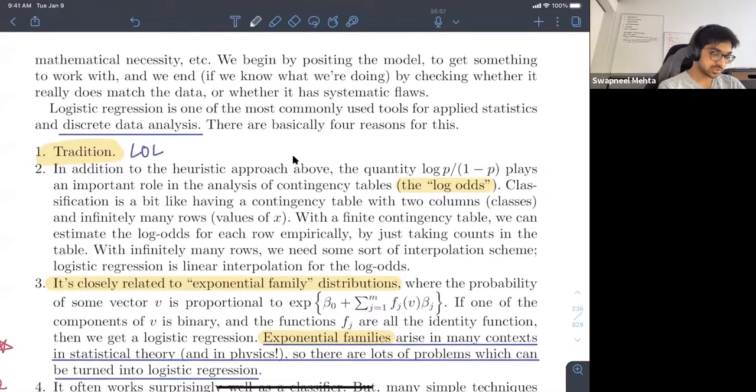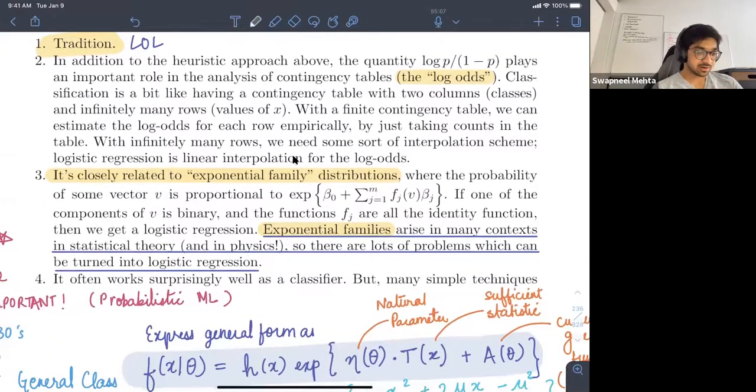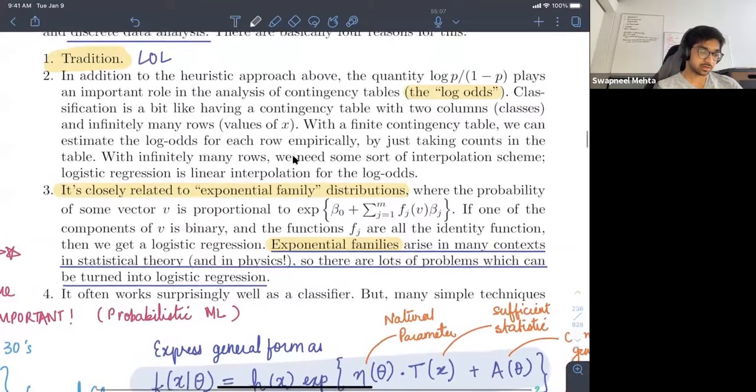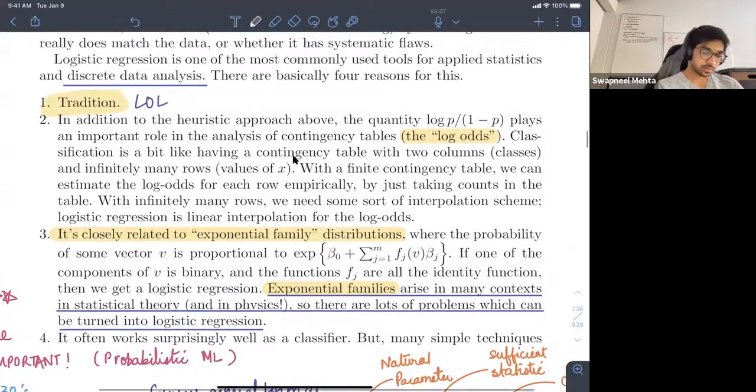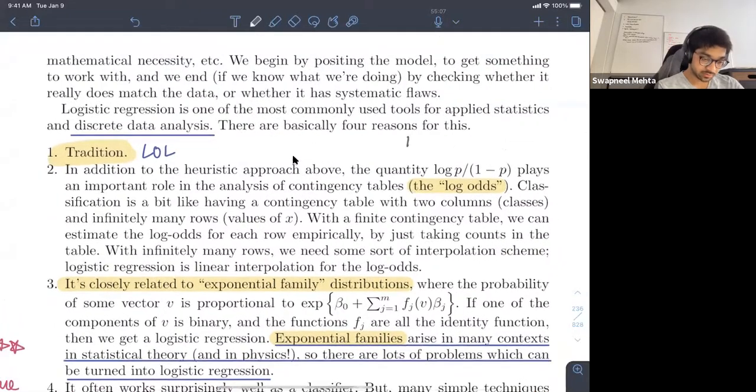And there are four reasons for this. One is tradition. You go from linear to logistic. The other one is that this log p by 1 minus p is actually an interpretable term called the log odds, which is obtainable in a sense by taking, remember when we said this 1 by n summation y. If you have a table of experiments, so coin flip, coin flip, coin flip, and you have heads and tails, this was a tails, this was a heads, this was a heads, and so on.